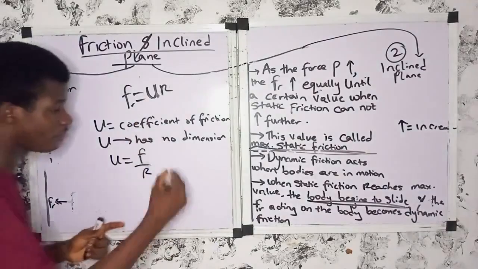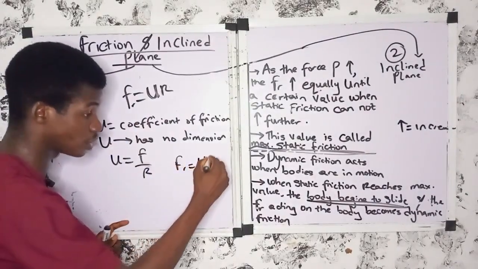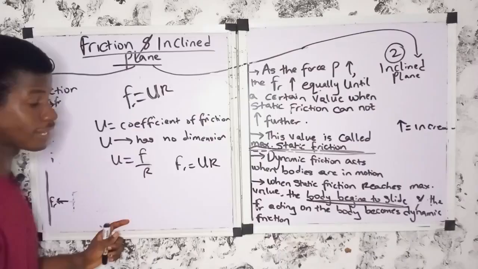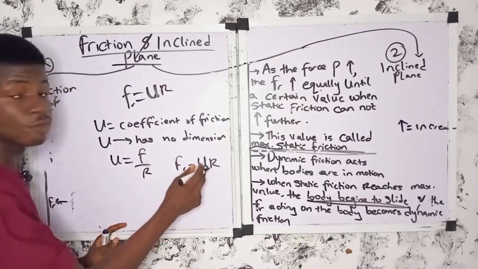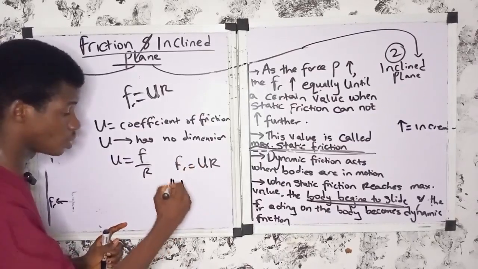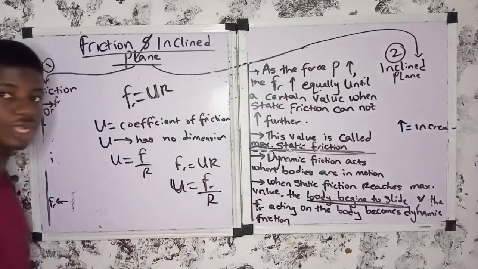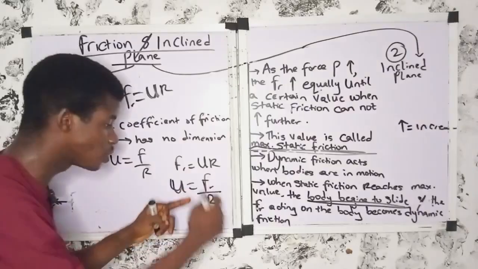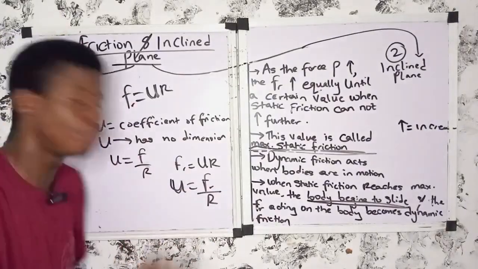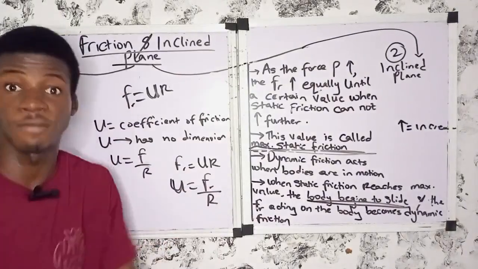Remember, frictional force is equal to coefficient of friction times normal reactional force. If we make coefficient of friction stand alone, U equals frictional force divided by normal reactional force. Based on the fact that both of them are forces, normal reactional force is a force.